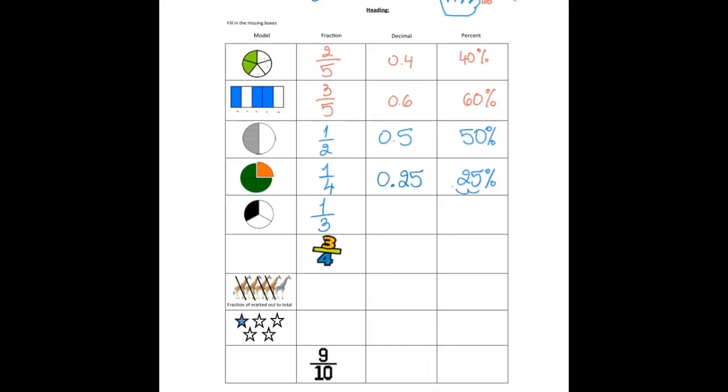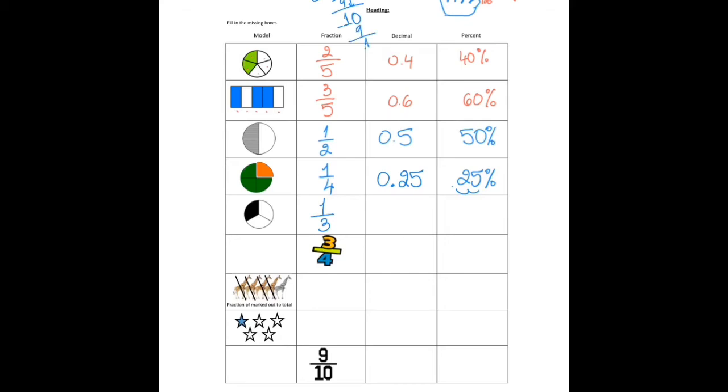I put a 0. 10 divided by 3. How many times does 3 go into 10? 3 times 3 gets me 9. 10 minus 9 is 1. Put down 0. 10 divided by 3. I have another 3. So similarly, you have a remainder. So 3 times 3 again is 9.